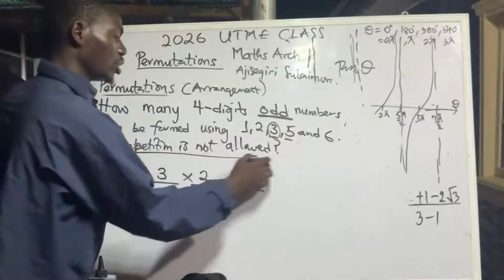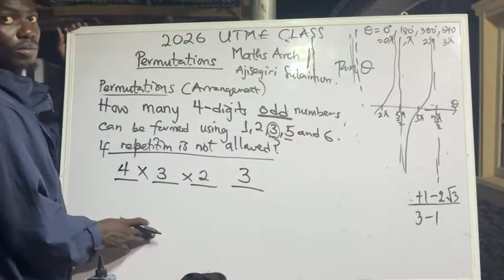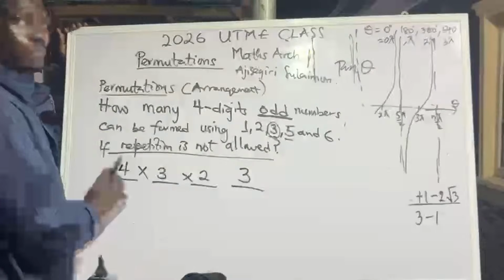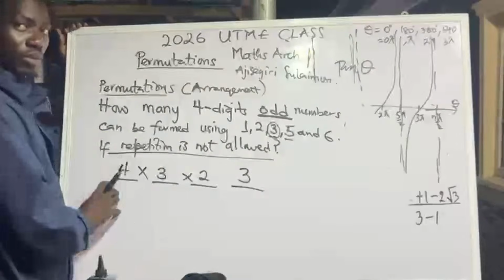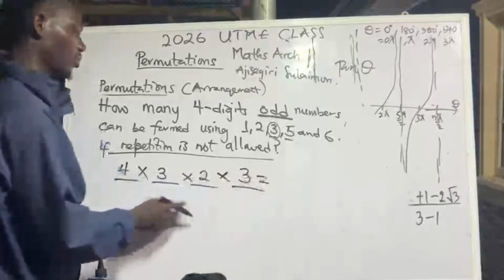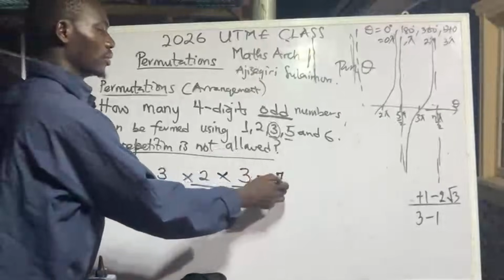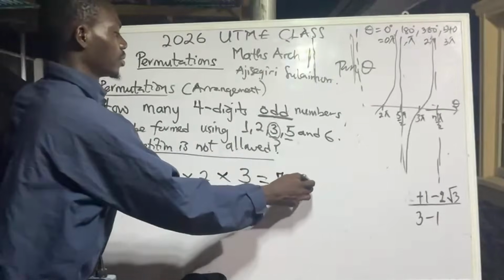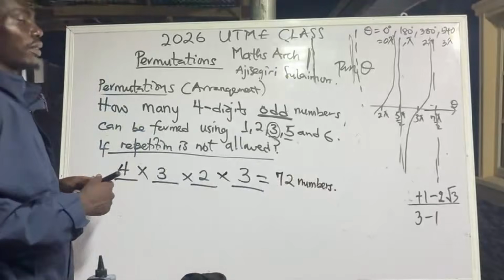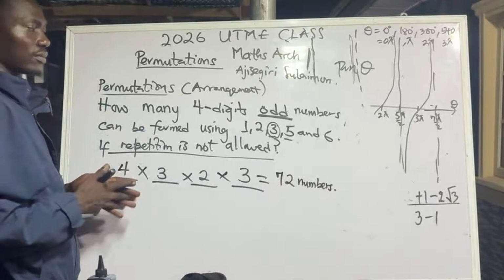Because repetition is not allowed. So the answer is 72 numbers. Okay, so I feel like that one is clear now.